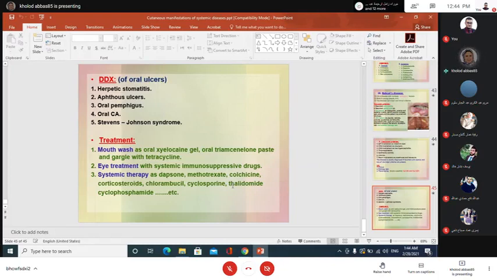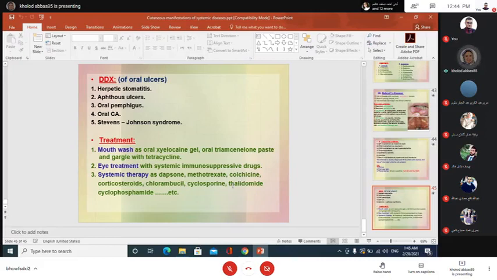Treatment and differential diagnosis: herpetic stomatitis, aphthous ulcer, oral pemphigus, Stevens-Johnson, oral carcinoma. Treatment includes mouthwash, and eye treatment, with systemic immunosuppressive drugs if there is eye involvement.